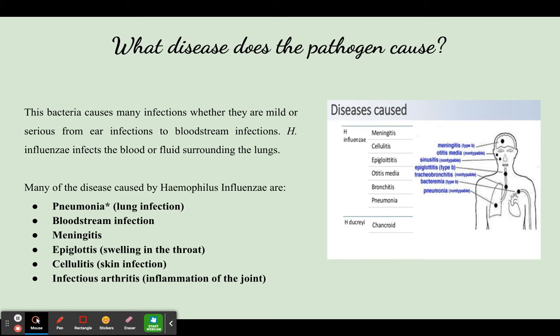Many diseases can be caused by H. influenzae: pneumonia, lung infection, bloodstream infection, meningitis, epiglottitis, swelling in the throat, cellulitis, skin infection, infectious arthritis, inflammation of the joints, and there are other diseases caused by H. influenzae.